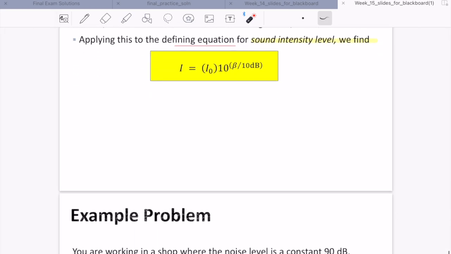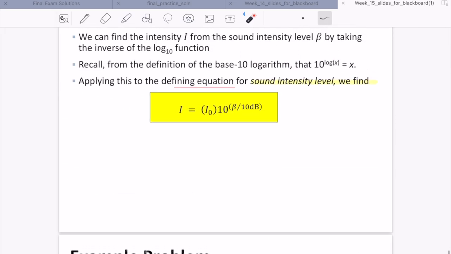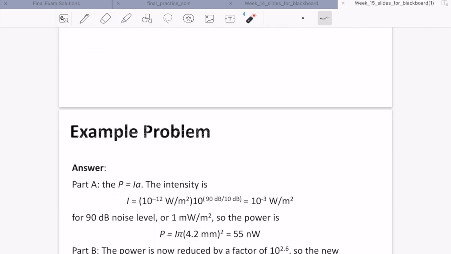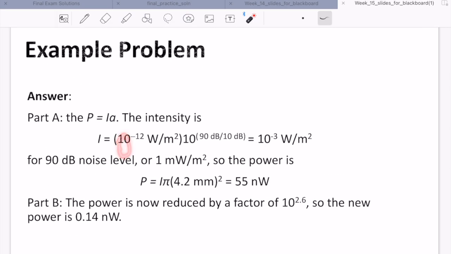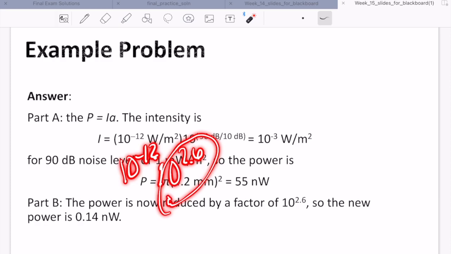So essentially what we see here is a decrease of your sound intensity by a factor of 10 to the 2.6. Because remember, we did 10 to the negative 12 times this stuff right here, and that was 10 to the negative 3. We did basically the same thing, but now we're decreasing it by a factor of 10 to the 2.6.